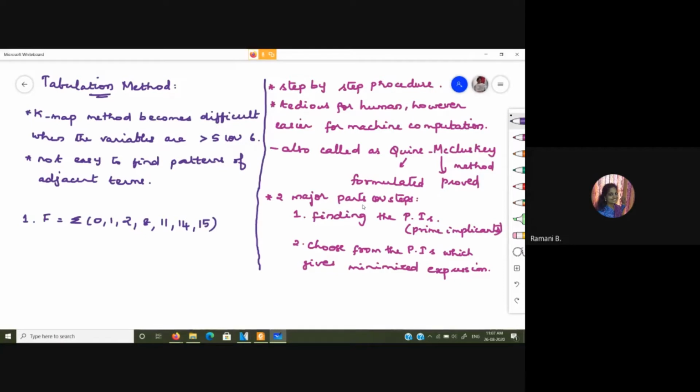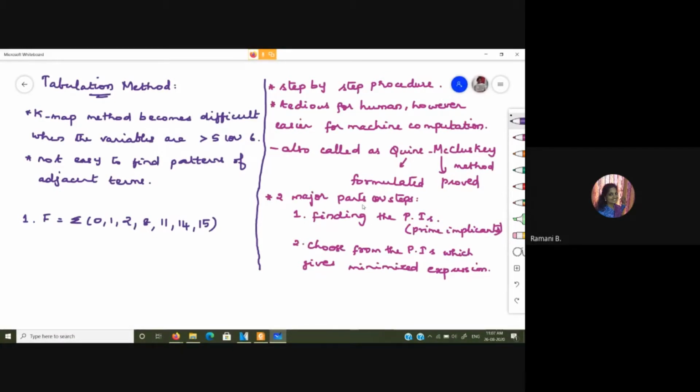This method is also called the Quine-McCluskey method. As I was mentioning in previous classes, it is named after the people who formulated it. Quine formulated this method, and later it was proved by McCluskey, so they gave the name Quine-McCluskey method.